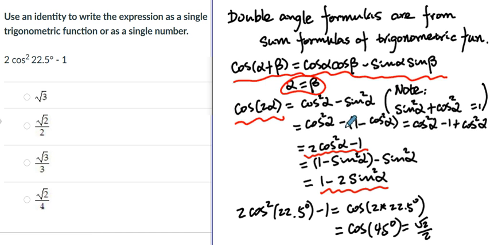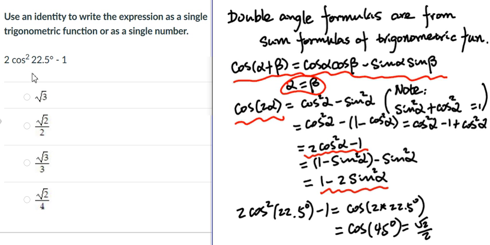Now here subtraction is distributed to the 2 terms inside. Positive 1 becomes negative, negative cosine alpha squared becomes positive. And then you add those 2 cosine alpha squared together, you get this one.